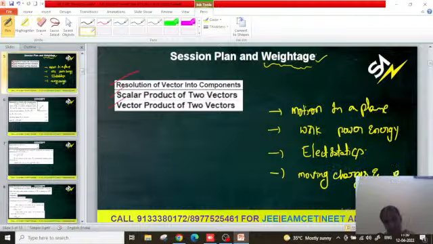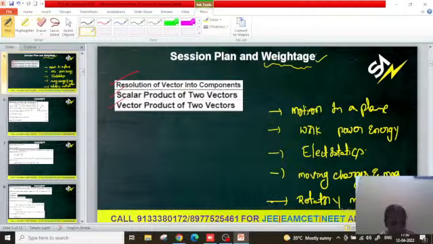And at rotatory motion also. With the help of techniques of vectors, the numericals in all these chapters can be solved.